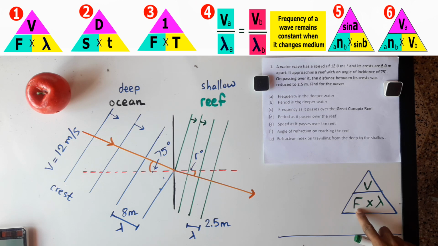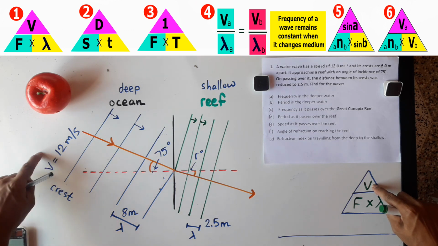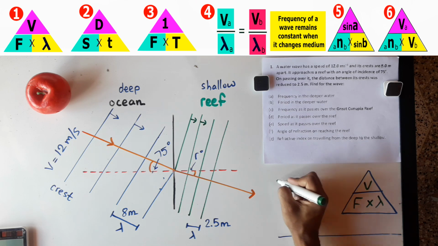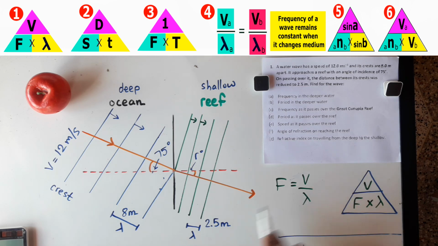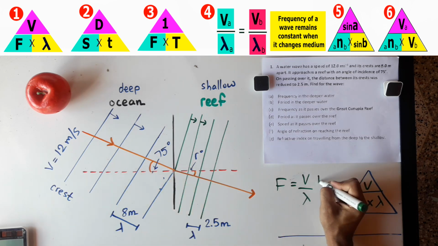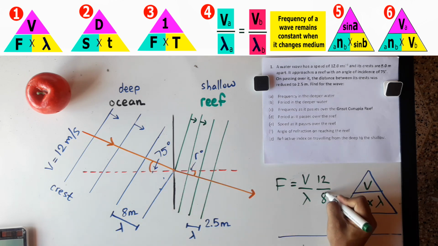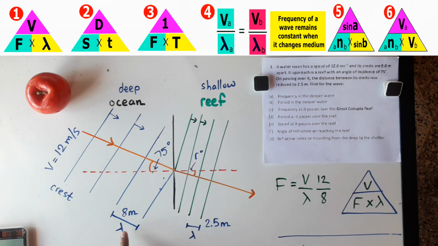To calculate the frequency in this region, we take the velocity, which is 12, and divide it by the wavelength in the deep region. So frequency in the deep region is velocity divided by wavelength. My velocity is 12, my wavelength is 8, and I have the correct units: velocity in meters per second, wavelength in meters.